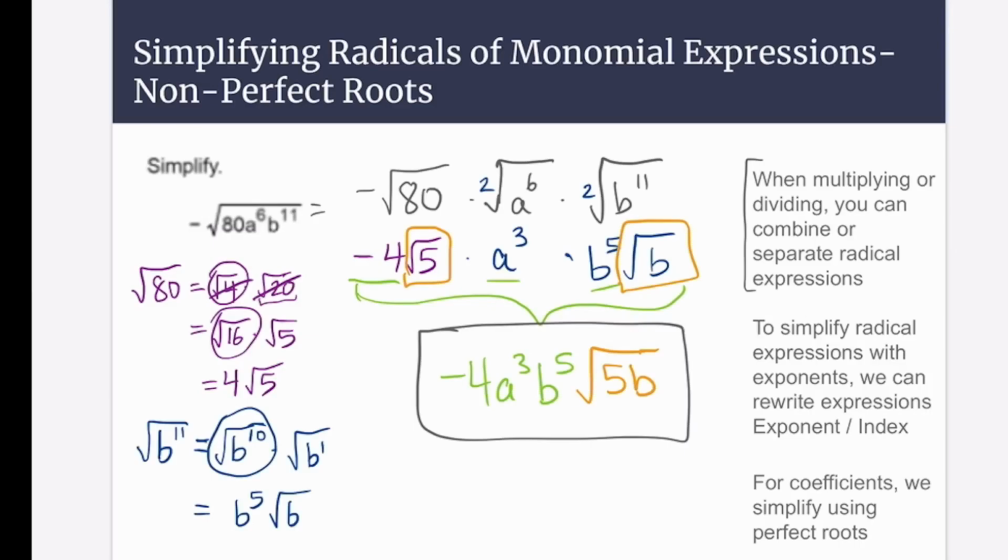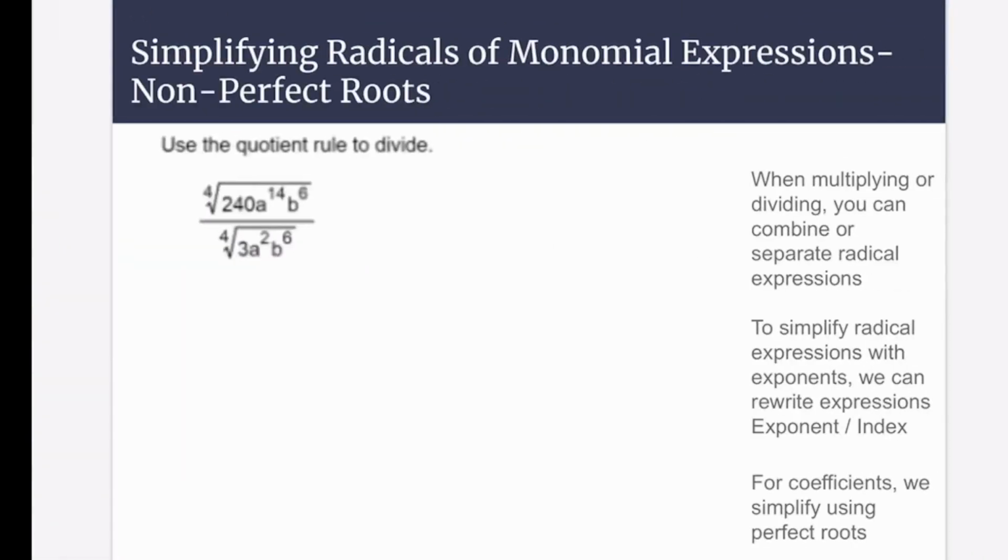That's division. That can look complicated, but we're going to go through the same process. So we have division here. It's a 4th root. The first thing I notice is that if we have a fraction and we have a's in numerator and denominator and b's, I want to combine this first as much as I can.